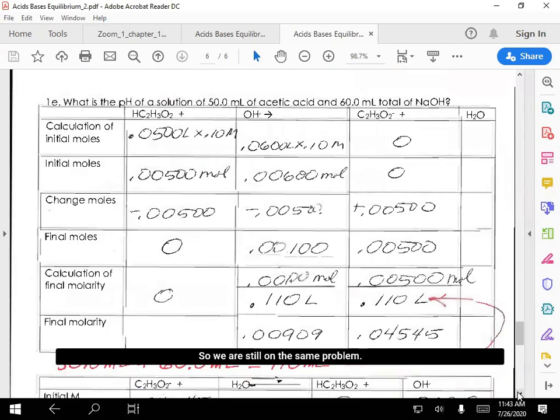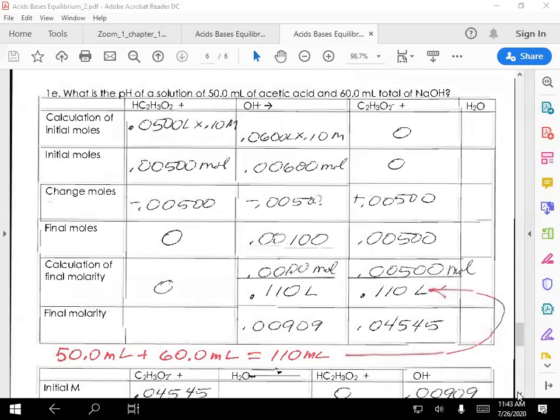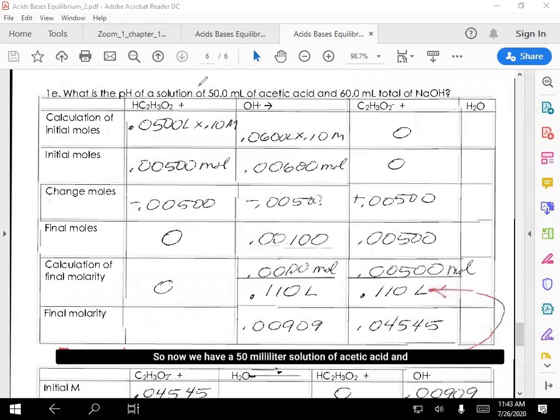So we are still on the same problem. So now we have a 50 milliliter solution of acetic acid and 60 milliliters of base. So we take the acetic acid, react it with the base, and then first you want to calculate the moles of acetic acid.